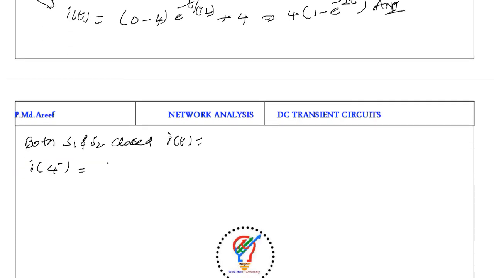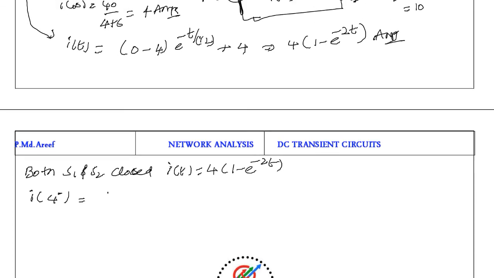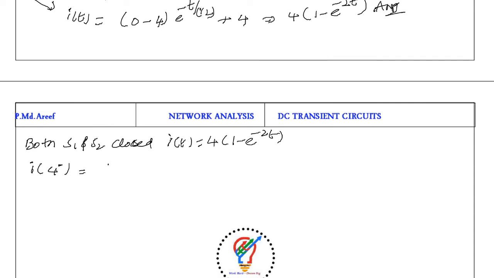So I'll write this again. We'll substitute t is equal to 4, because the inductor will never allow a sudden change in current. So I of 4 is nothing but 4 into 1 minus e power minus 2 into 4. E power minus 8 means approximately 0. So we'll get approximately 4 amps only. So I of 0 minus I got.